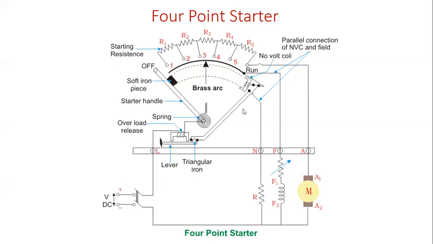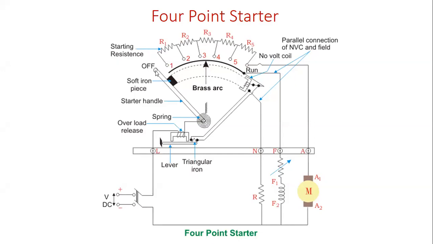So the output of the short circuit will be zero, and since the output is zero, what happens? The no voltage coil will be demagnetized, right? So it won't attract any iron piece after that, so the handle which is connected in the run condition just goes back to the off condition automatically, right?